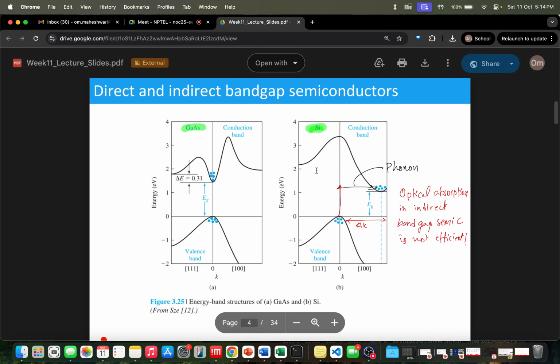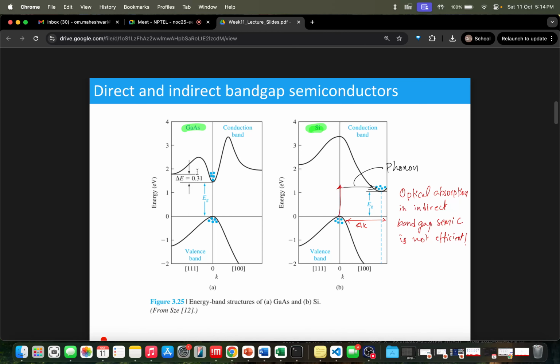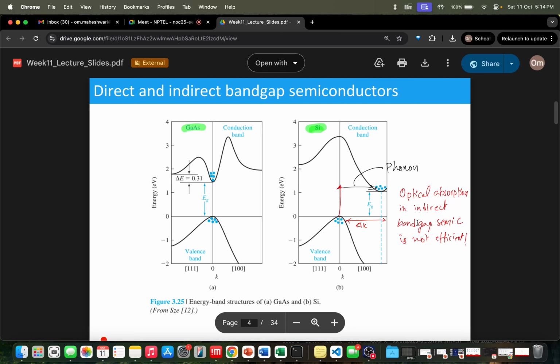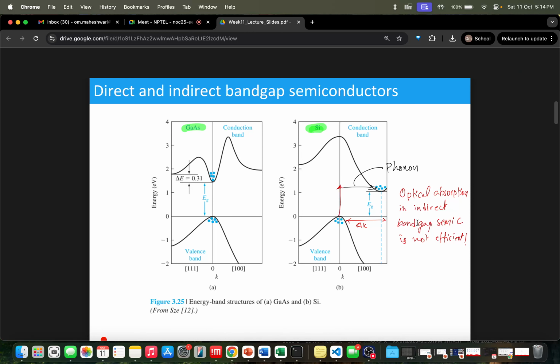We have discussed direct and indirect band gap semiconductors many times. Optical absorption is difficult in an indirect semiconductor because it needs a change in momentum also. So first it needs to change the momentum, then it can absorb, or emit something.